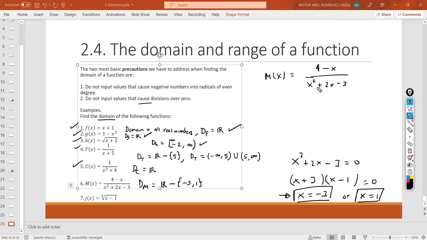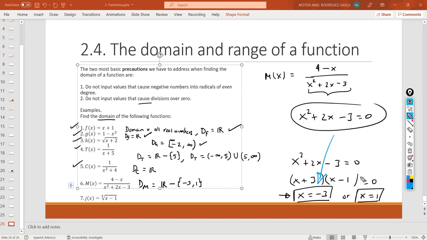Basically, I want to make this equal to 0, and I want to solve this equation. The two solutions that I get, which in this case were minus 3 and 1, are the values of x that will cause problems, and I have to reject them from the domain.